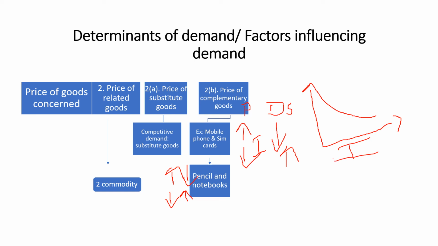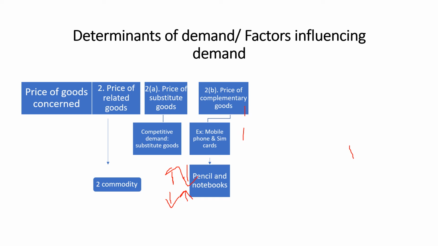So you may ask what will happen in a direct demand. I'll show you. If it is a direct demand, what will happen? It will not be downward sloping. It will be something like this, where everything will meet at an equal point.